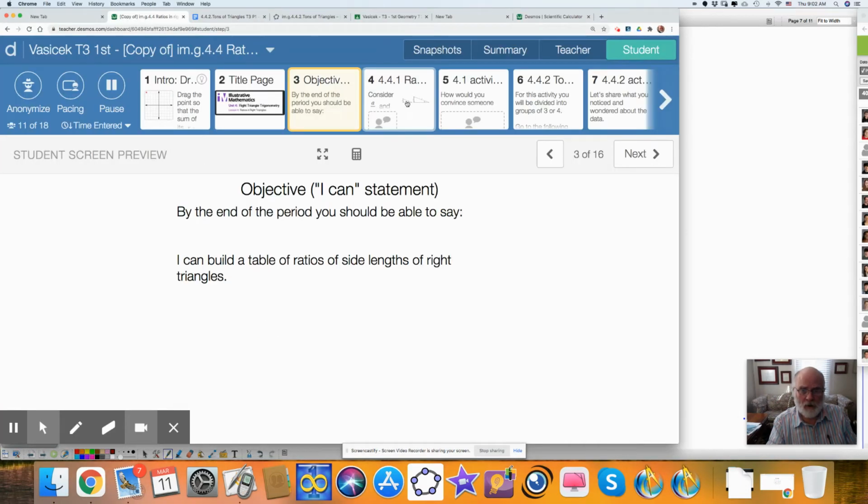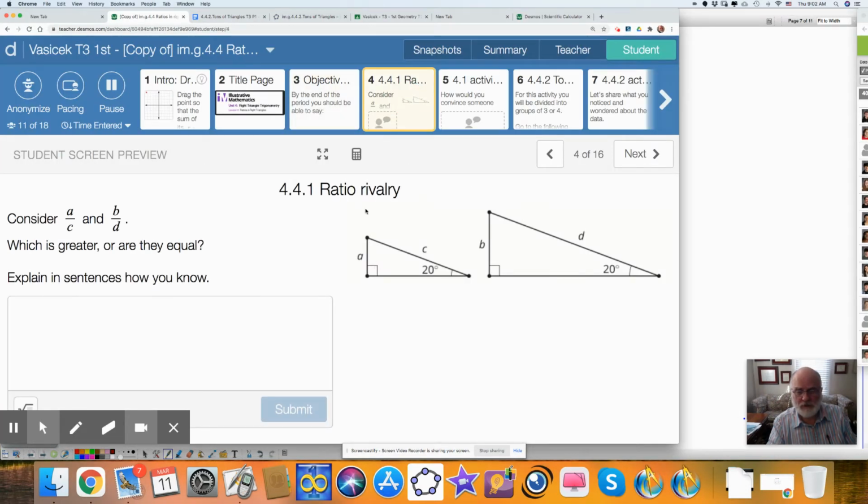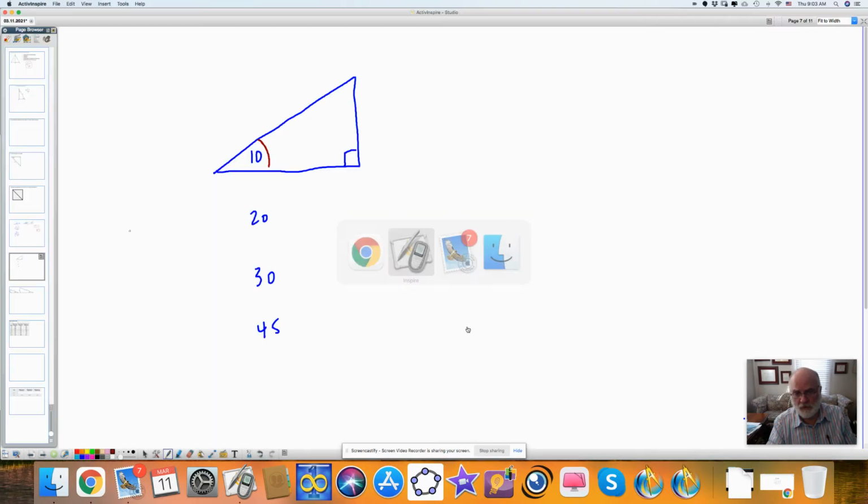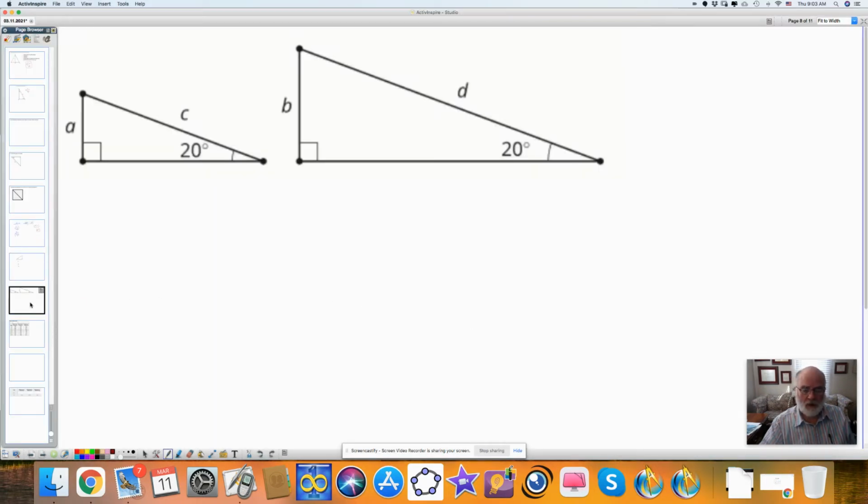So our first activity was to consider the ratio A to C and B to D. Which is greater, or are they equal? And explain in sentences how you know. Both of these triangles have two angles.